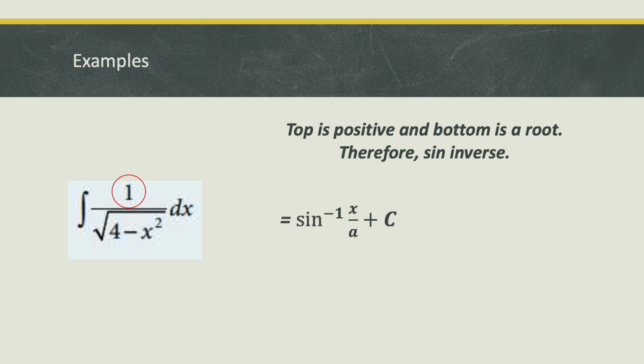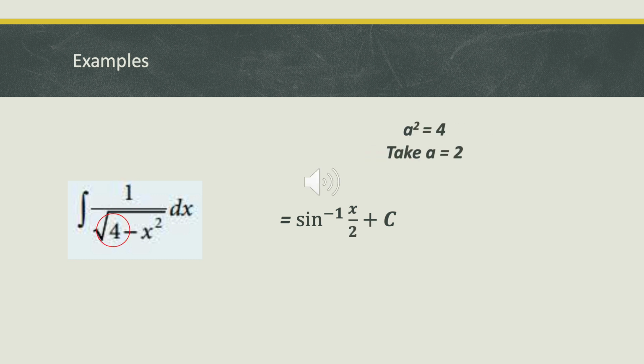So we have written down the general form for this integration. Now we recognize that 4 is our a squared, so we square root that to get a equals 2, and then we plug that back into the formula and replace a with 2 to get sine inverse x over 2 plus c.